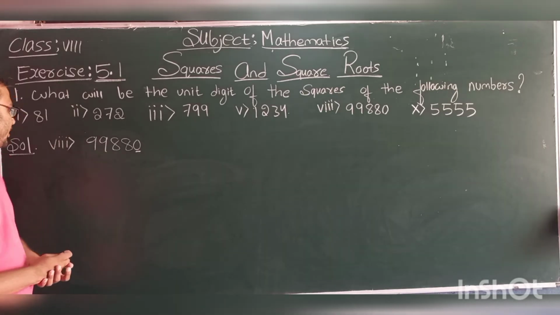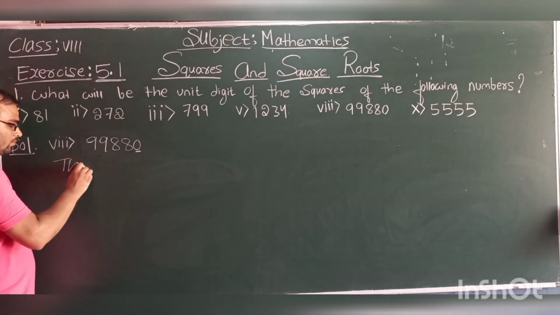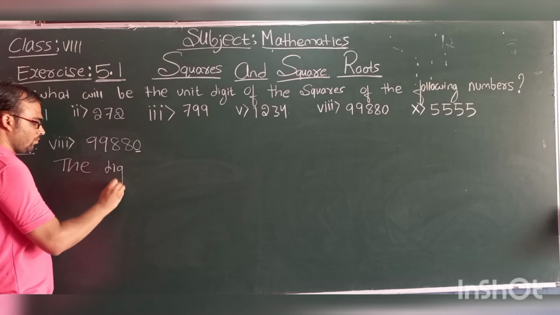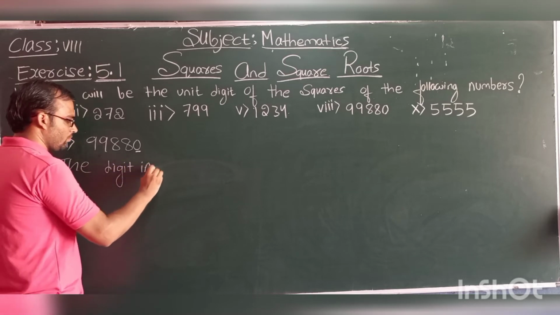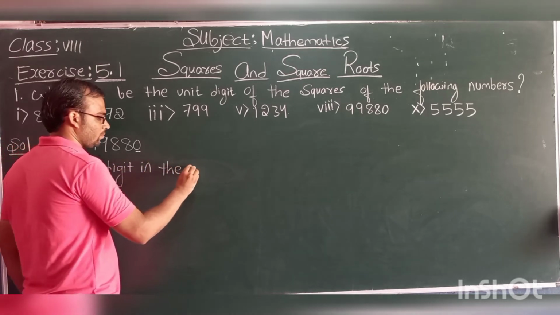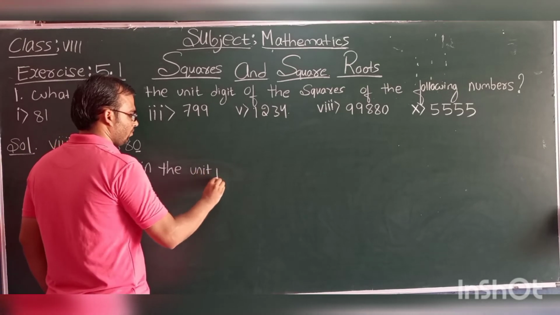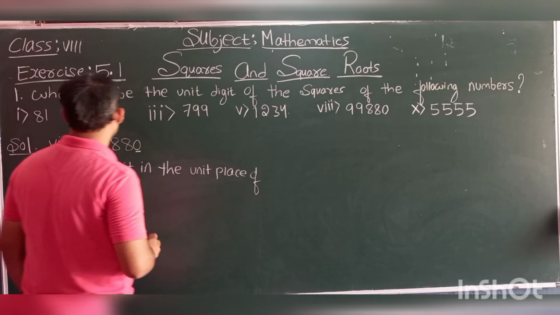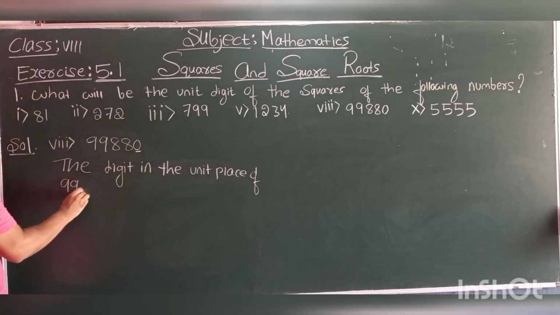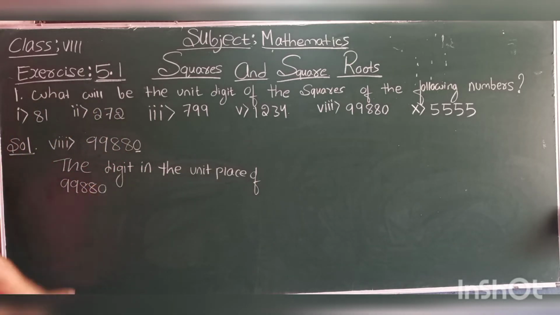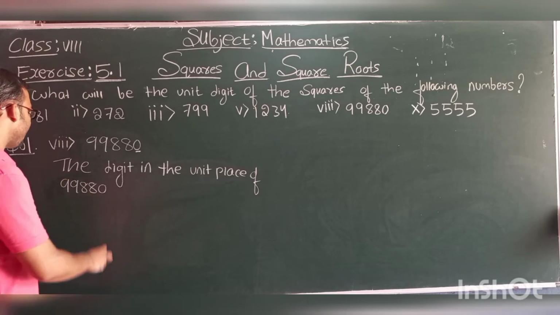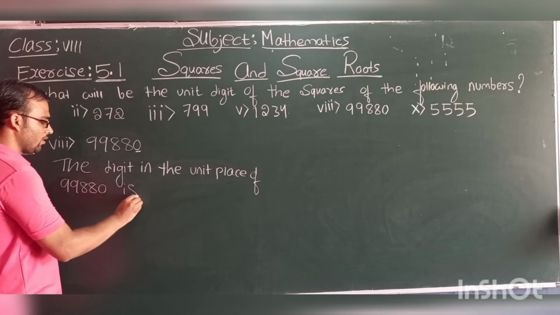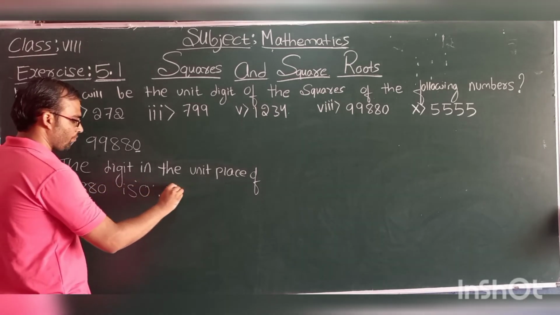So what can we write, students? The digit in the unit place of 99,880 is 0.